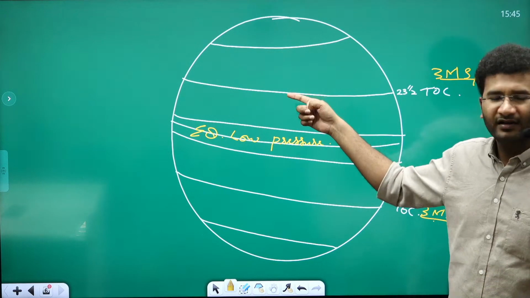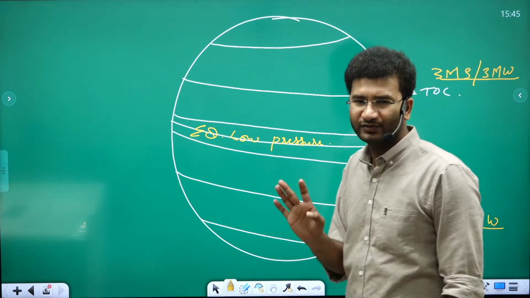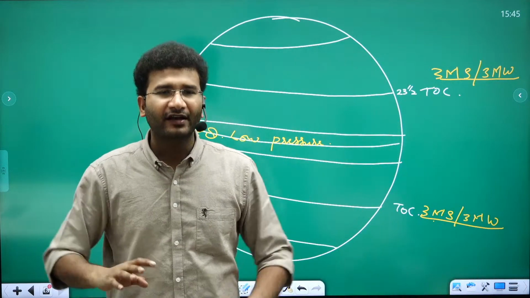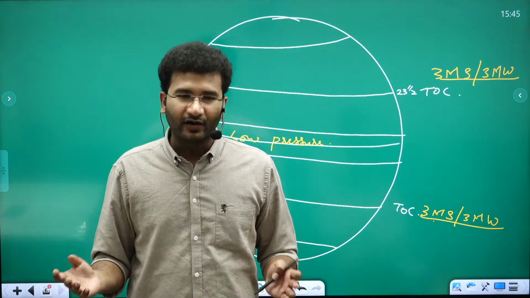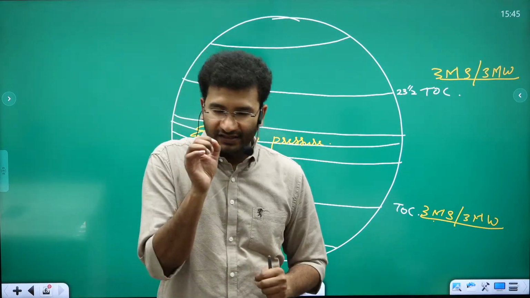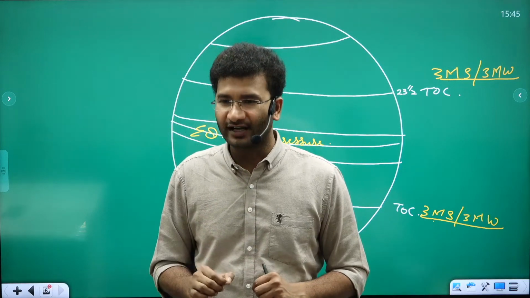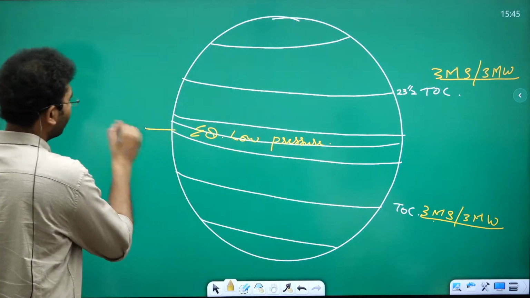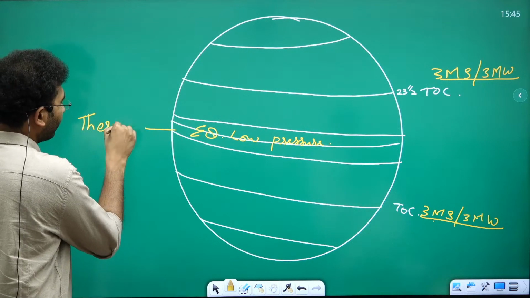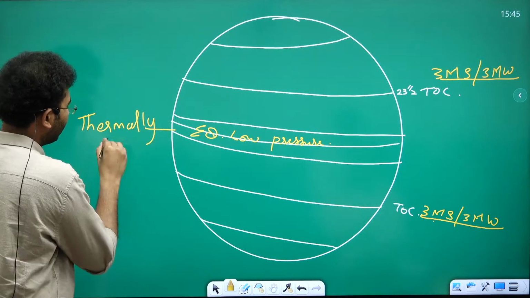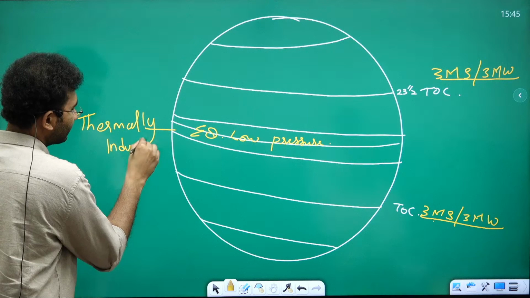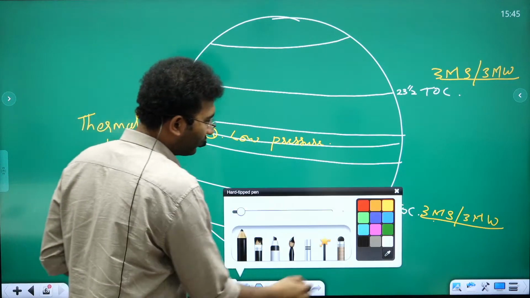But here, temperature is not the sole factor which decides. There are multiple other roles. Now, any pressure belt that is formed because of temperature dominance is called a thermally induced pressure belt. Likewise, you go to the polar region.